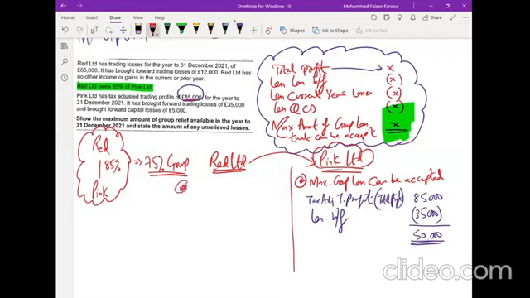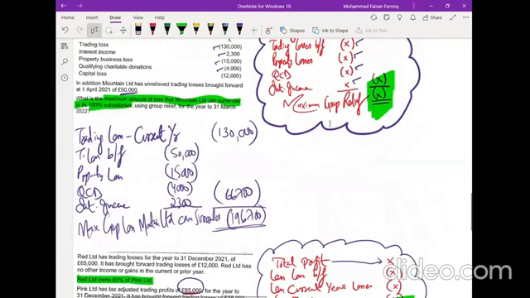But what maximum group loss can Red Limited surrender? We know the formula of surrendering as well. Just look at this formula.